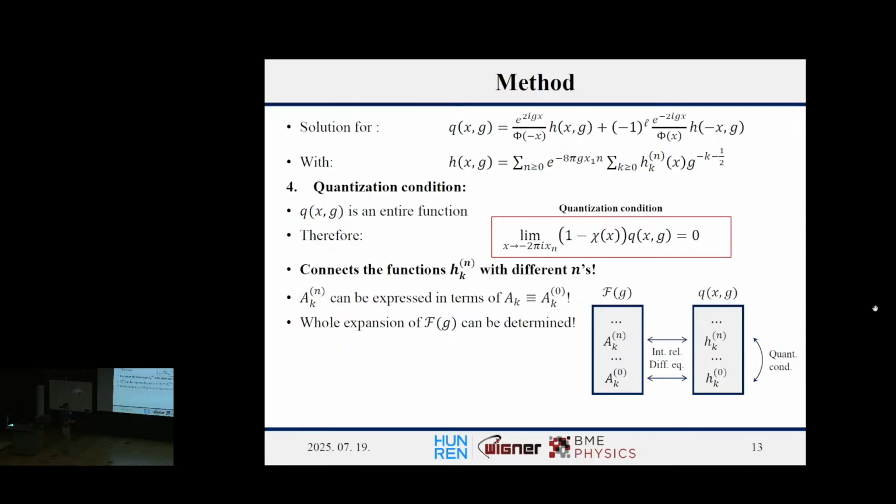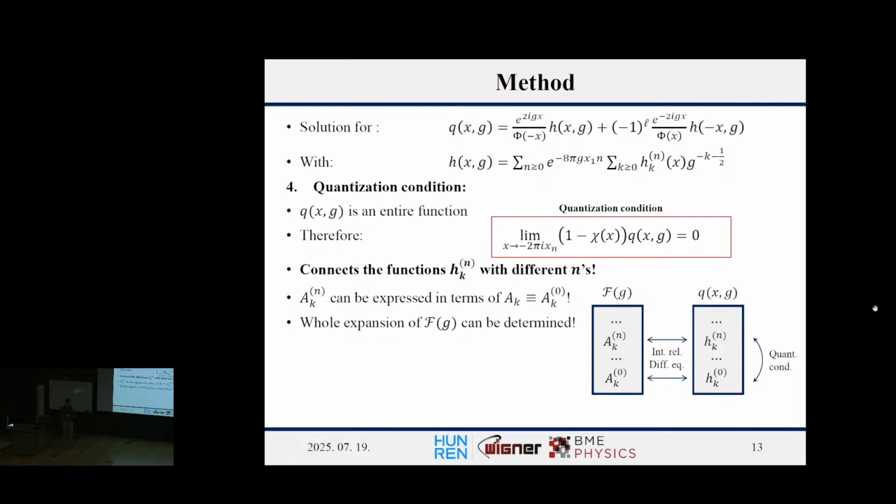Since they should disappear, you can match these coefficients and set them to 0. What is the main message at the end of the day? Now you will have very simple equations to connect the exponential levels in H to the perturbative level of H. Since the exponential levels in H are expressed by the original A_{KN} functions and the perturbative part of H_K is expressed by the original A_K coefficients, you now have simple equations to express the relation between them.